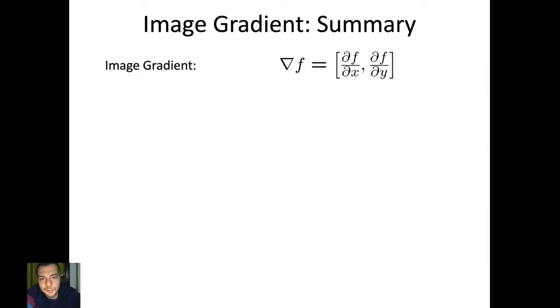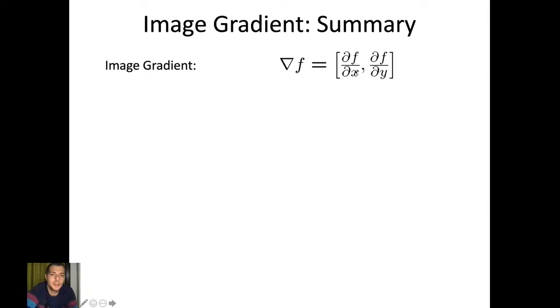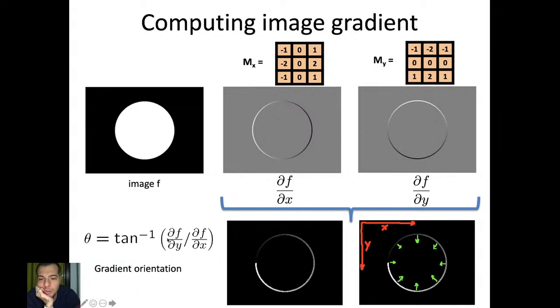And we have the image gradient, and well, the gradients for a given pixel are composed of these two components. So here we have the gradient magnitude and the gradient orientation.